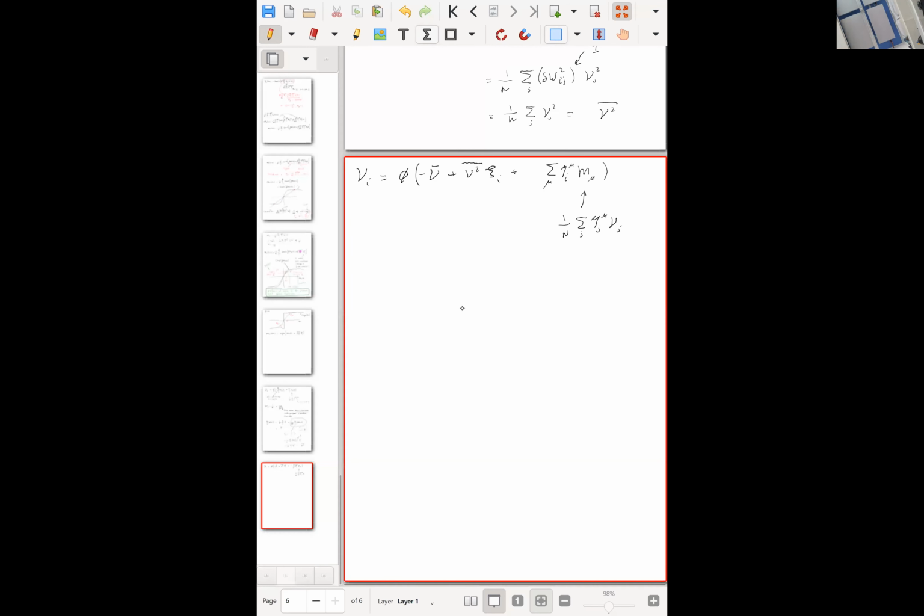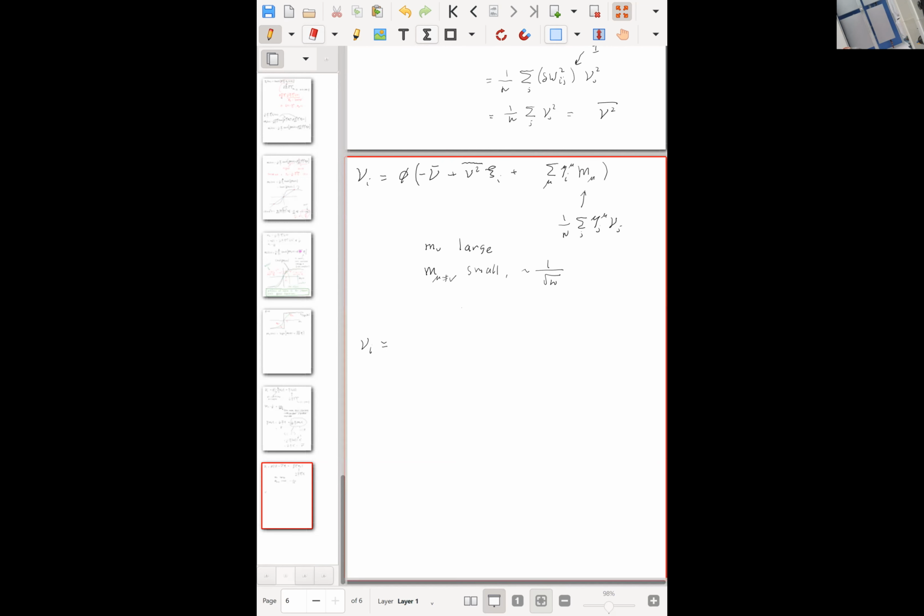So we're going to focus on one pattern, mu equals nu, so that m nu is large, and m mu not equal to nu is small. As before, it's on the order of 1 over n. When we do that, we get nu i.